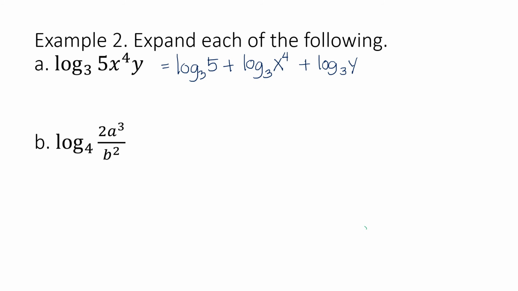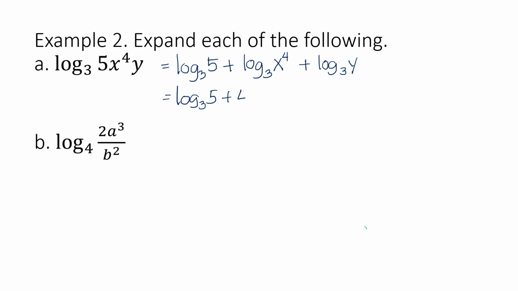Now, since we have here x to the fourth, an expression with an exponent, still we can expand that by using the power law. According to the power law, the exponent will become another factor. So this whole logarithm or expansion will become logarithm of 5 to the base 3 plus, again, the exponent by power law will become a factor.